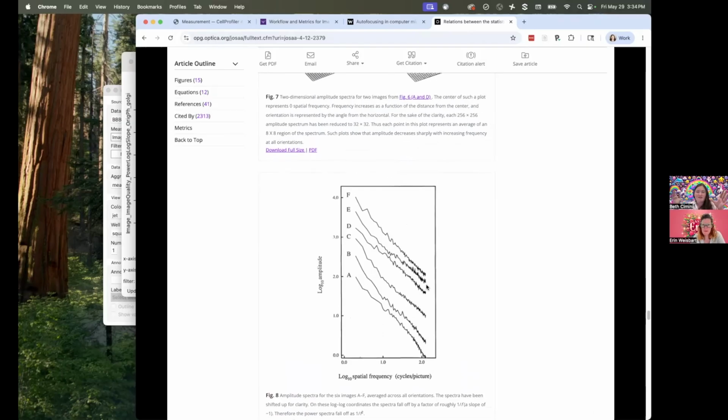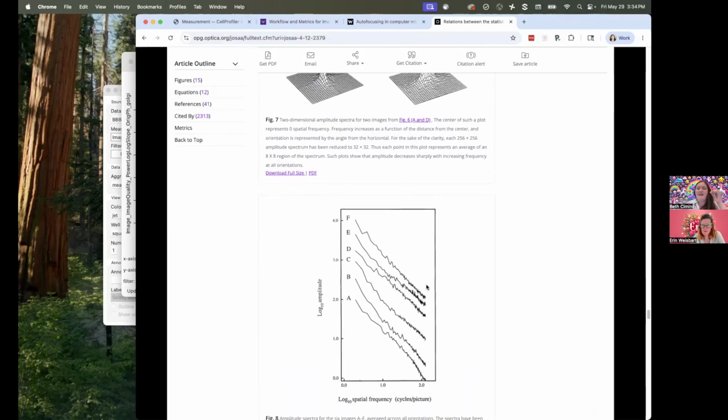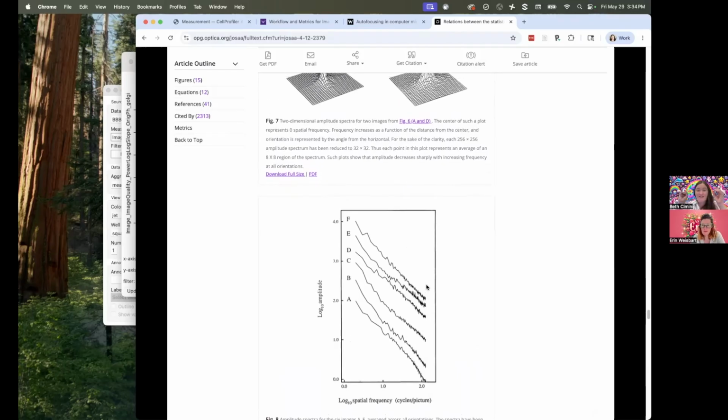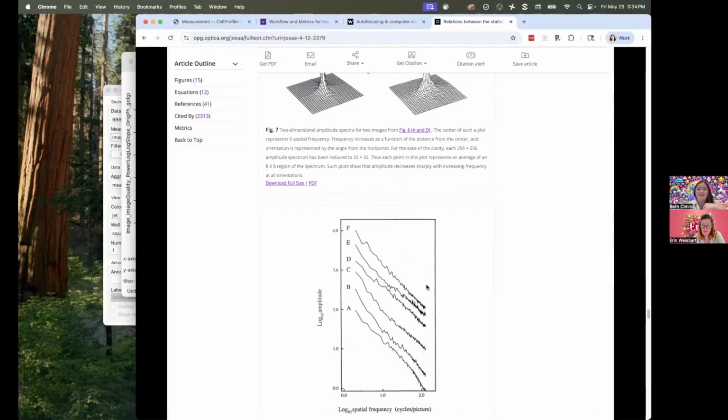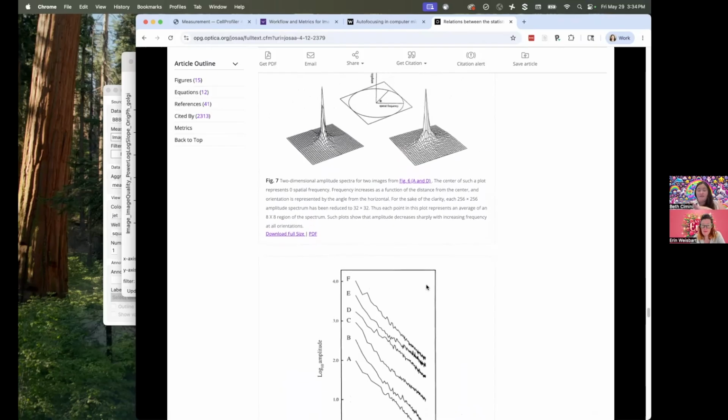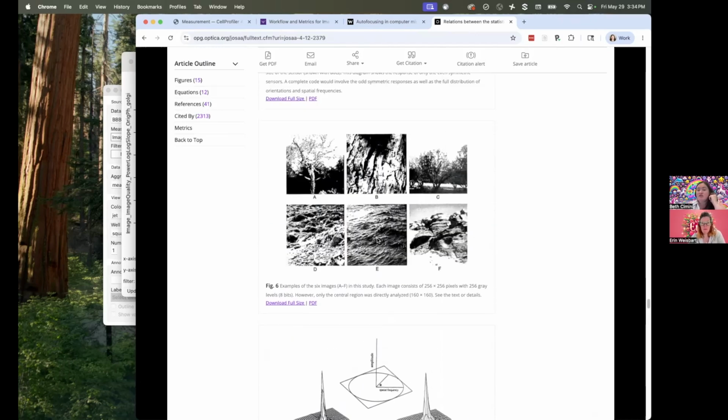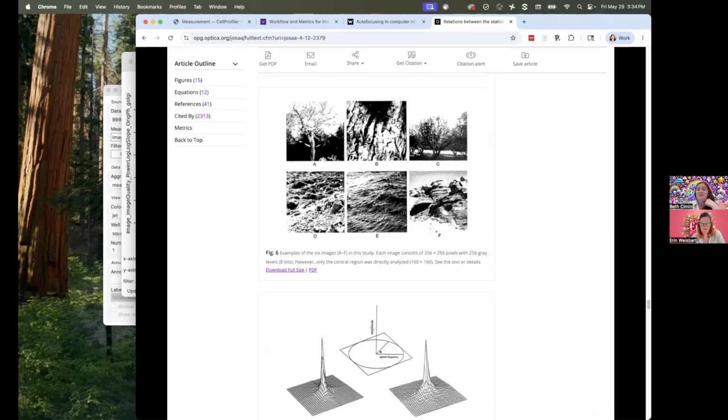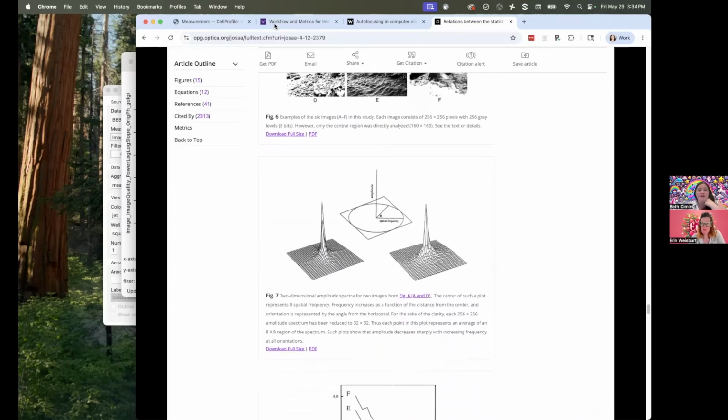If you think back to your Fourier optics, high intensity information or high noise information is encoded in a different part of frequency space than big patterns. And so the slope of this line helps indicate if the image is changing a lot, if the textures change a lot, or if the textures are actually pretty smooth. So the slope of that line changes. CellProfiler provides you all of these.